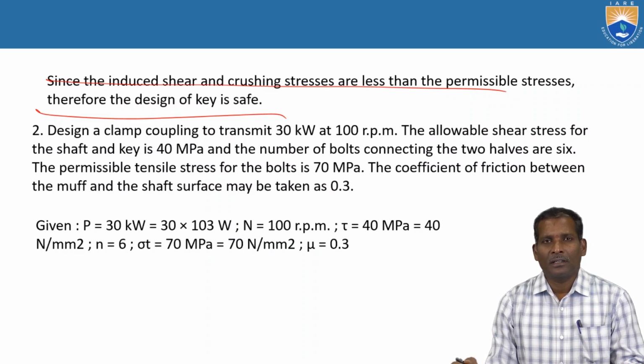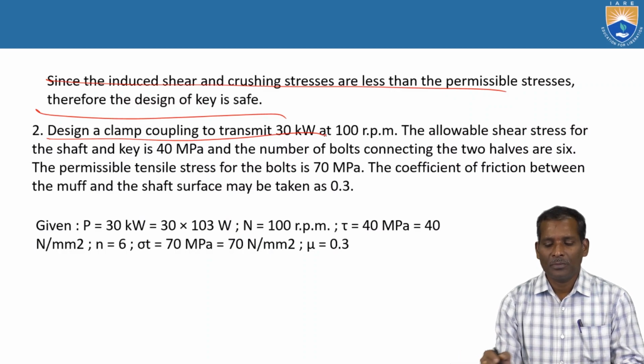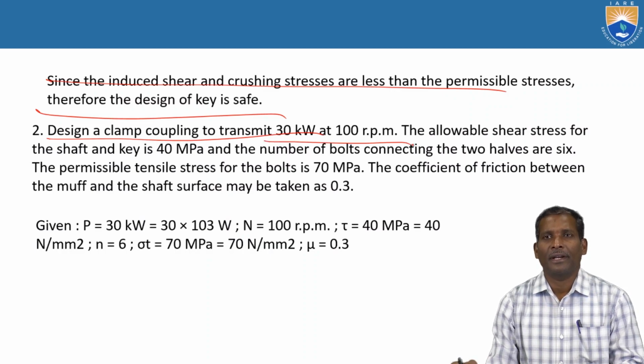Now the second problem is to design a clamp coupling, another type of coupling, to transmit 30 kilowatts at 100 rpm. The allowable shear stress for the shaft and key is 40 megapascal, and the number of bolts connecting the two halves is 6.